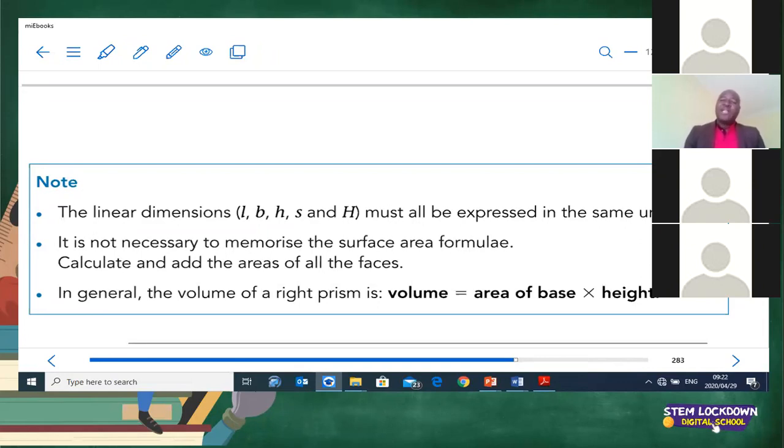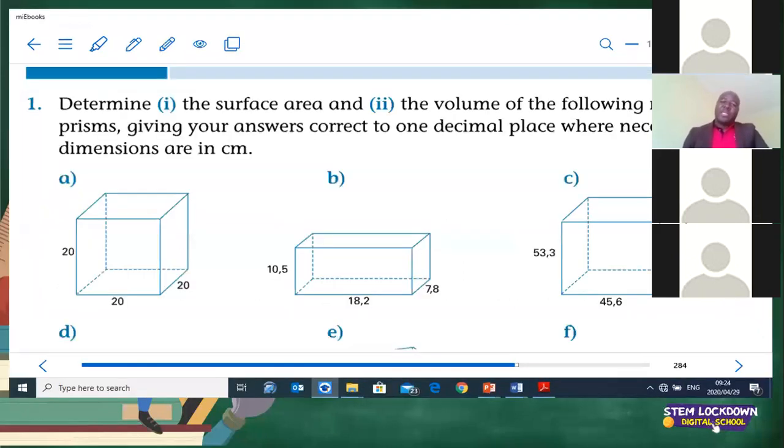Once you have identified those, then you can find the area for each face. Then if you add all of those areas together, you see that it will give you the formula to calculate the surface area. So the surface area is the sum of all the areas of any object.